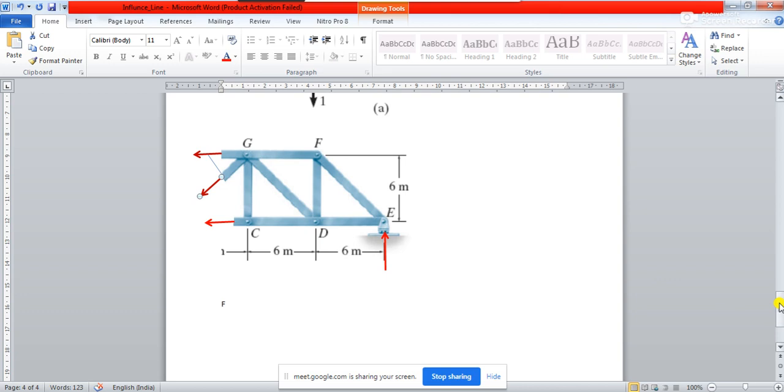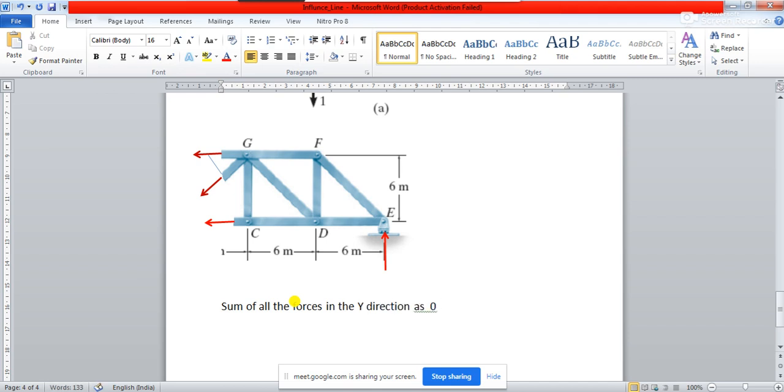If you take the vertical equilibrium, that means the summation of all the forces in the y direction as 0, that means summation of Fy is equal to 0.